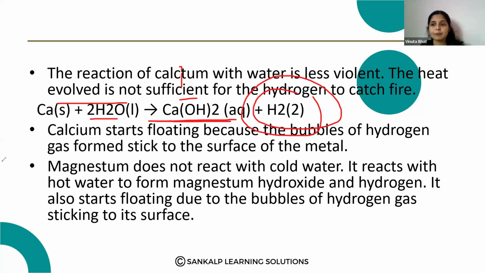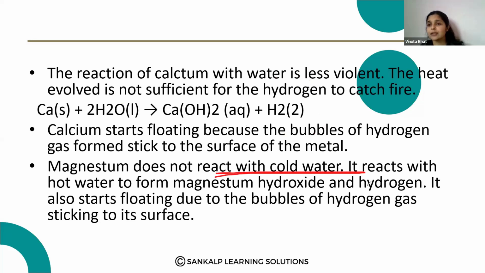Then magnesium does not react with cold water, but it reacts with hot water. So this is also a very important thing. Magnesium hydroxide and hydrogen are formed. It also starts floating due to the bubbles of hydrogen gas sticking to the surface. That is how magnesium reacts with water.